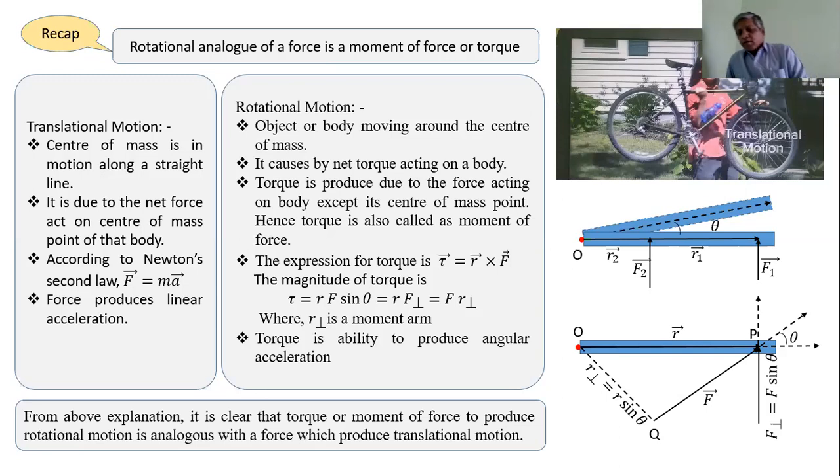Both motions can also be observed from this. Here in the palm of my left hand, a mobile is placed at rest. Here I apply the force along the center of mass point. Observe the motion of the mobile on my palm.